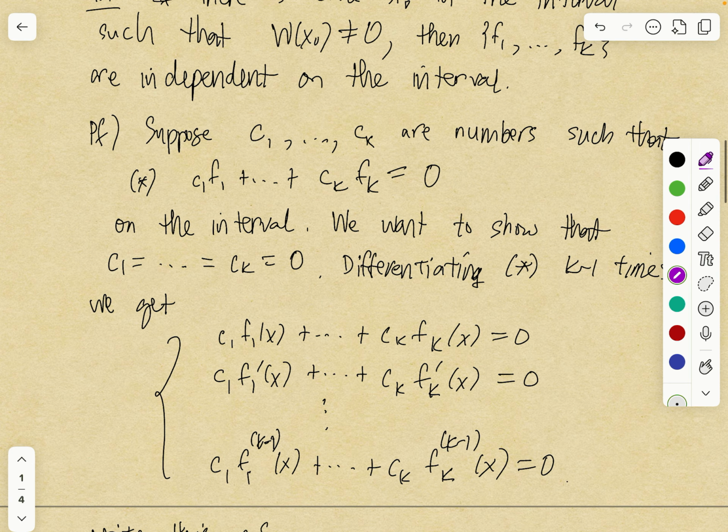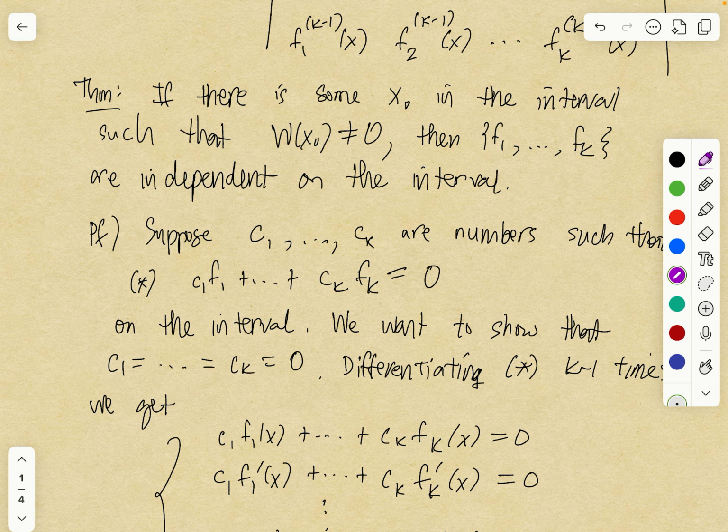It's true that it's not foolproof, in the sense that you can't always tell if functions are independent by only using the Wronskian. But it's very useful in most cases. In most cases, the Wronskian will not be 0, and so you can conclude that the functions are independent. Okay, thanks.